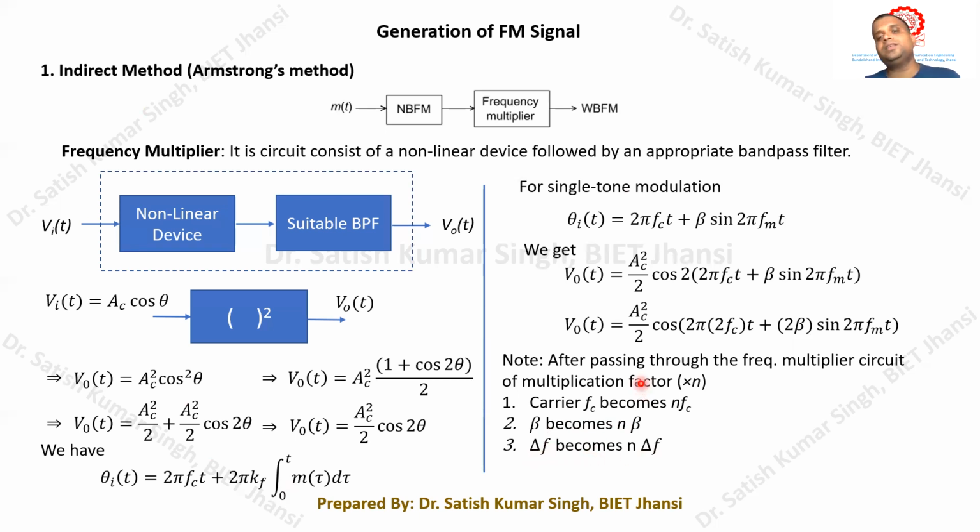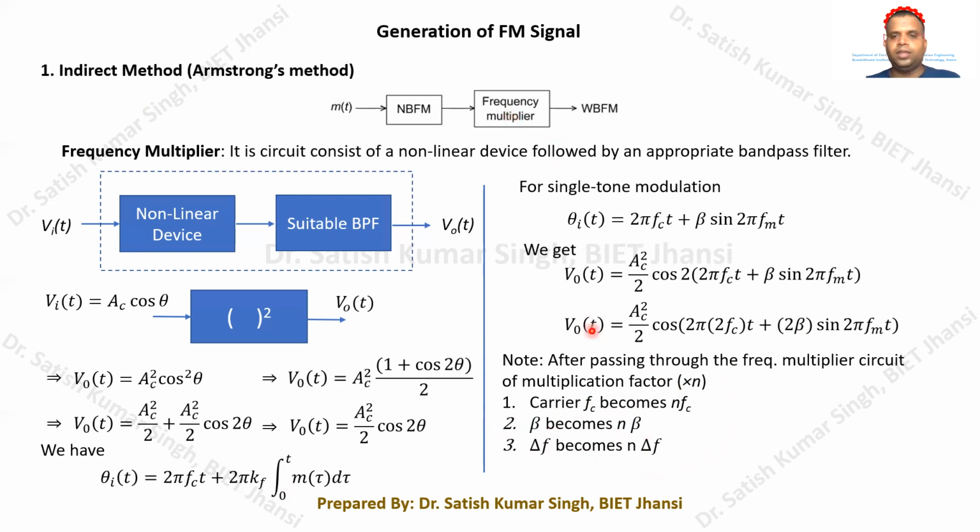These are the changes we obtain when a signal is passed through a frequency multiplier. Whenever it is passed through a frequency multiplier, these changes occur in the output signal. We have to keep in mind that these parameters are all multiplied by the multiplication factor of the frequency multiplier.